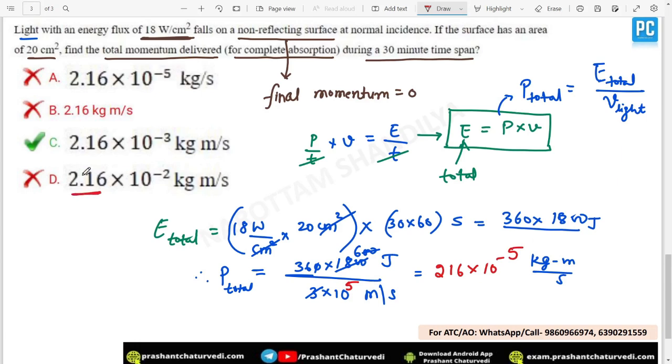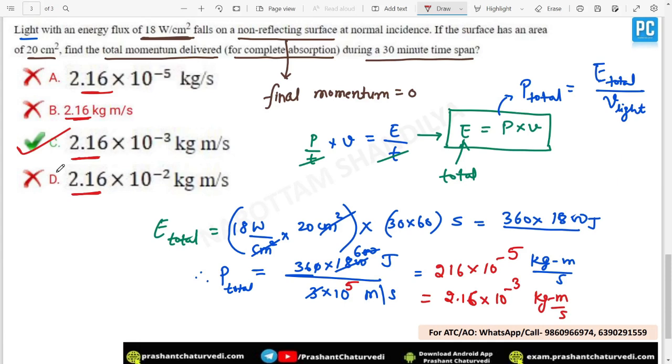But here the answer's constant is 2.16, so it will become 10 to the power minus 3 kg meter per second. So everything has been verified. The correct answer will be C, 2.16 into 10 to the power minus 3 kg meter per second.